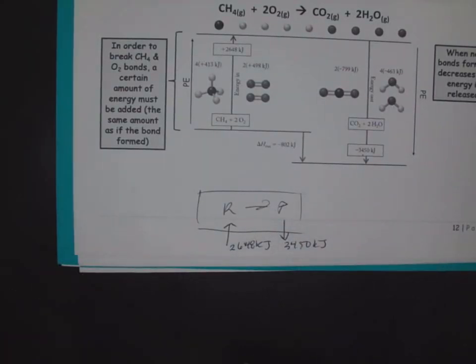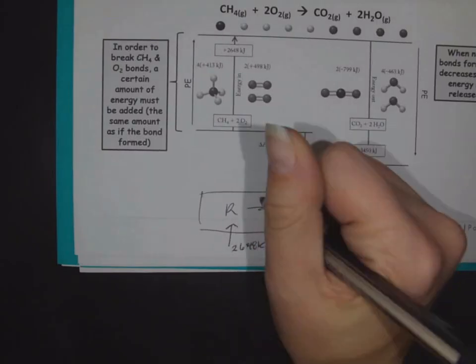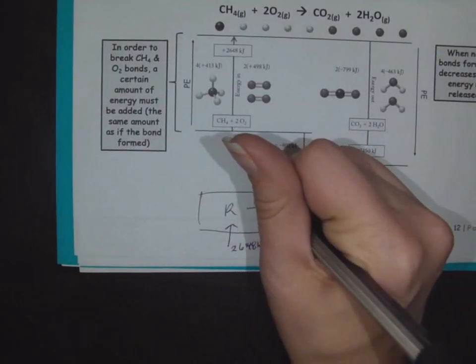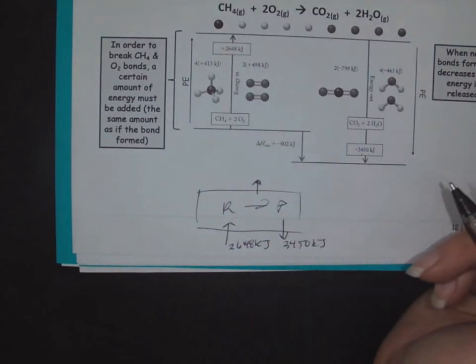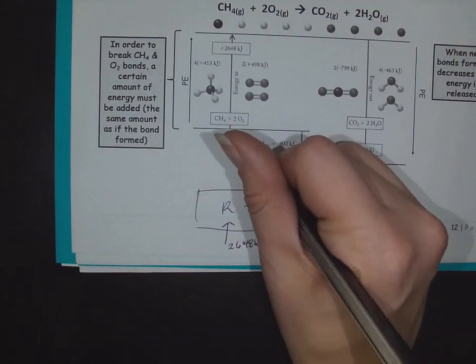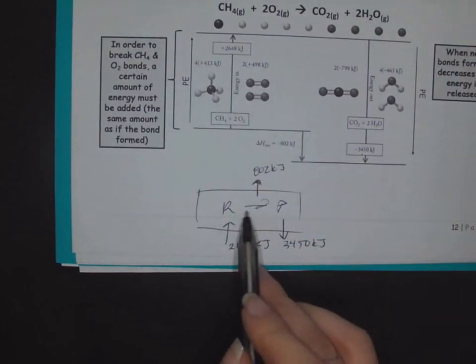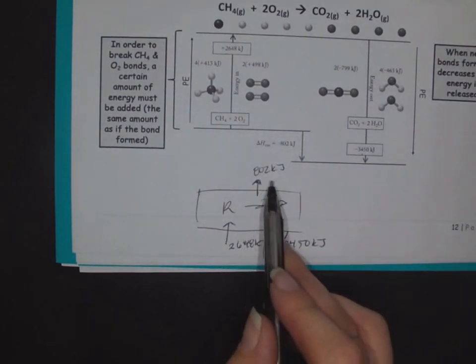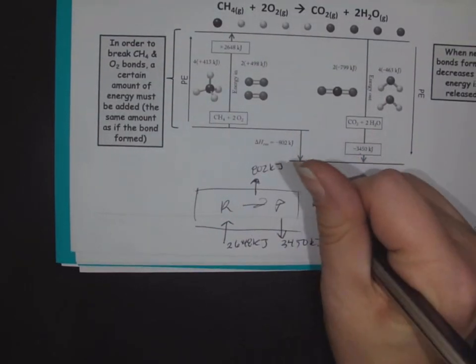Then what is my net total to the surroundings? More was released than was entering. And so if I put these together, overall, through this reaction, the surroundings is going to gain 802 kilojoules, or the system is going to lose 802 kilojoules.